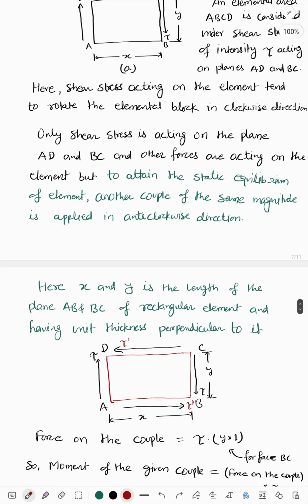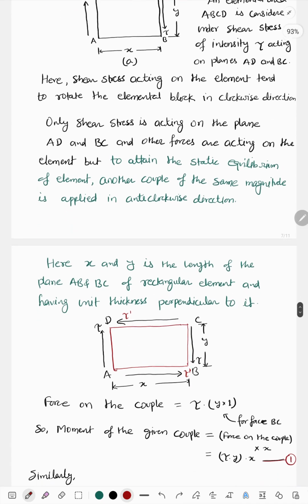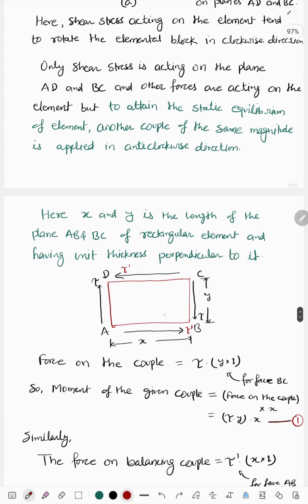For this element, we have taken the length AB as x and BC as y, and shear stress is applied. If you see here, in the counterclockwise direction one shear stress tau dash will be applied.